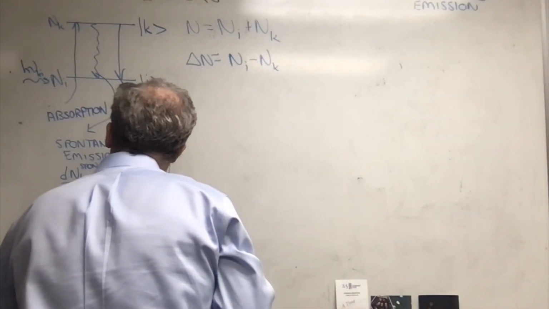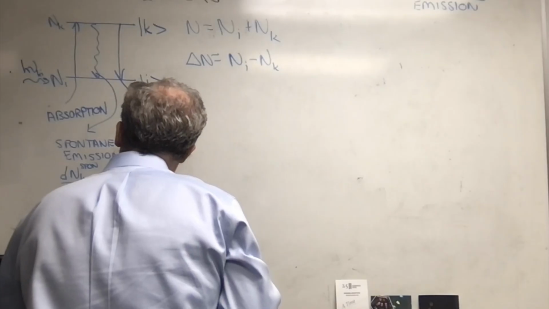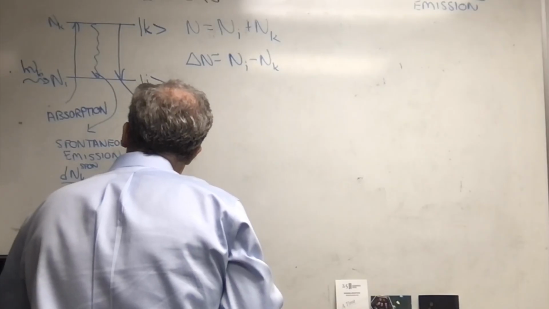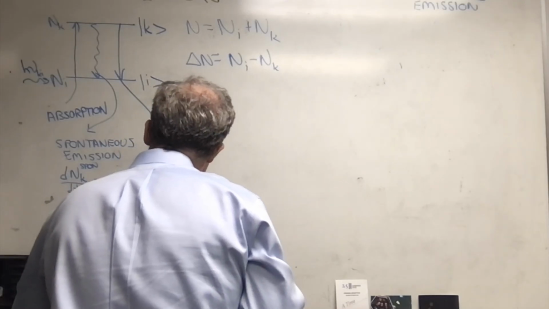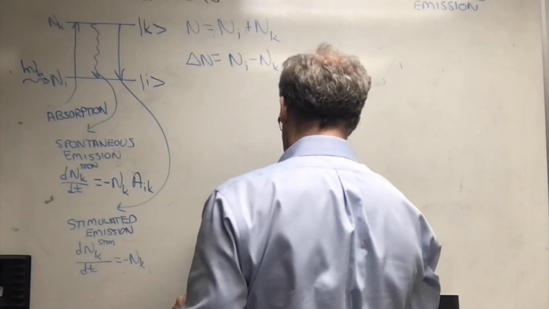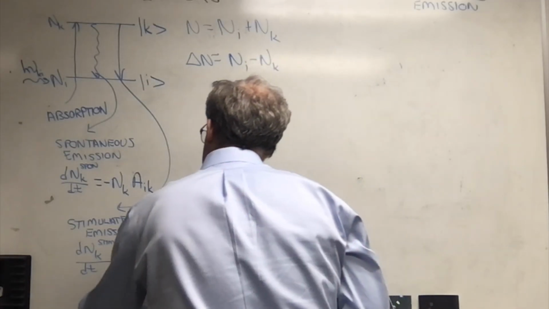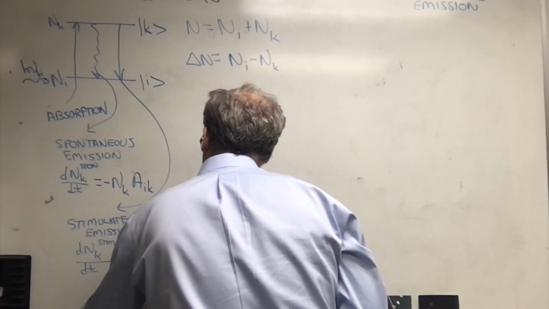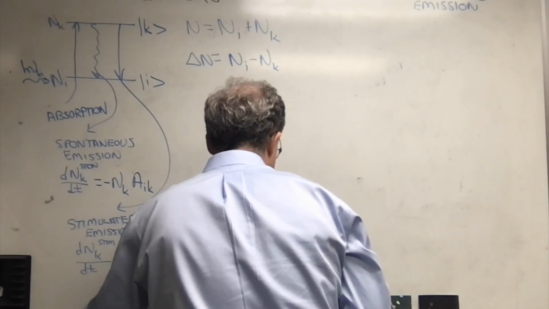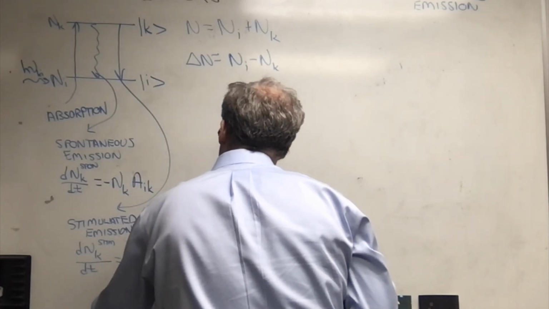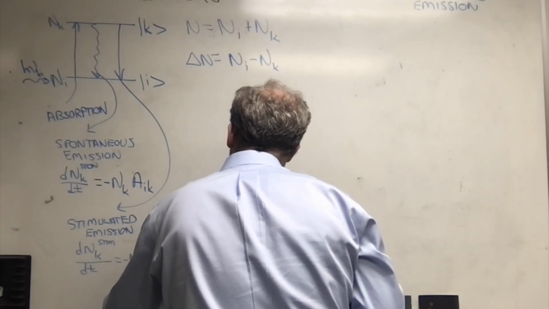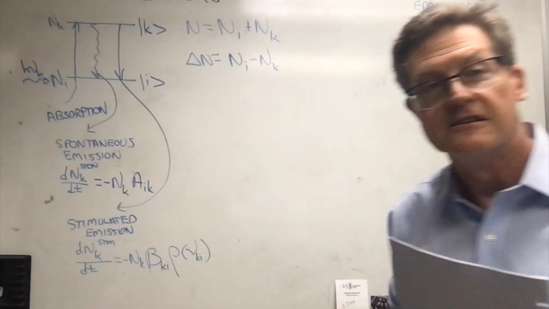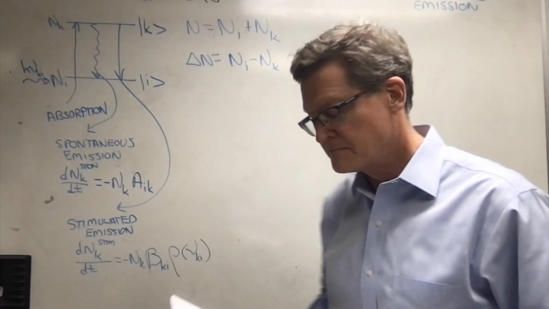Then we will also have a change in population due to stimulated emission, which is equal to minus Nk, it always depends on how many molecules are up there, times the Einstein B coefficient and the resonant power density at the transition frequency.